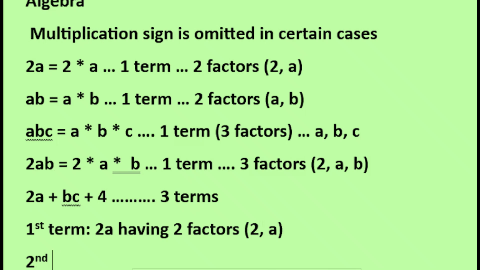The second term is bc. bc means actually b into c, so it has two factors, that is b and c.